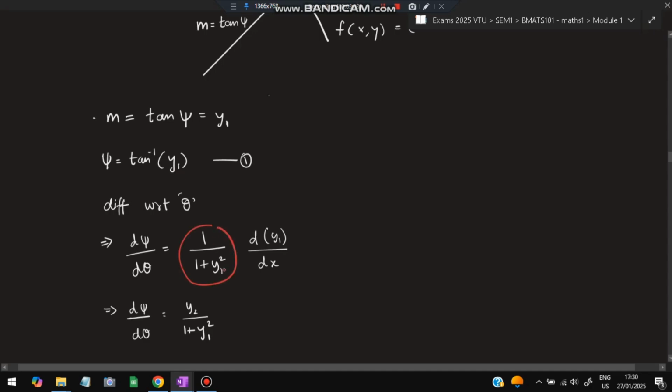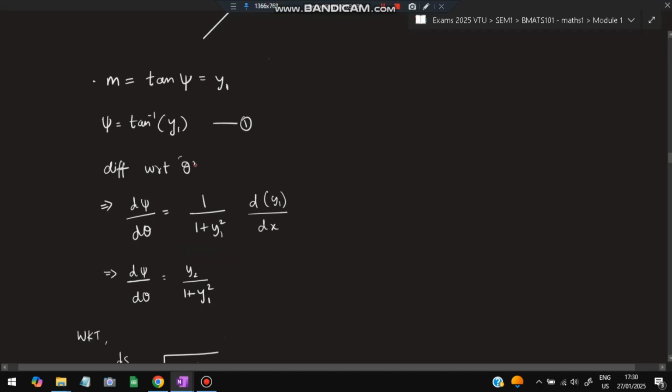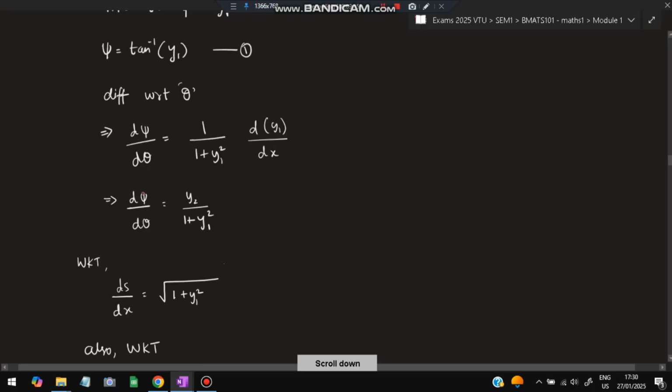It is not just y1, it is y1 square. We will take it in the bottom, and d y1 by dx, because with respect to x we are differentiating. Actually this is supposed to be x, not theta. After that, d psi by dx, what we will be getting is y2 divided by 1 plus y1 square.